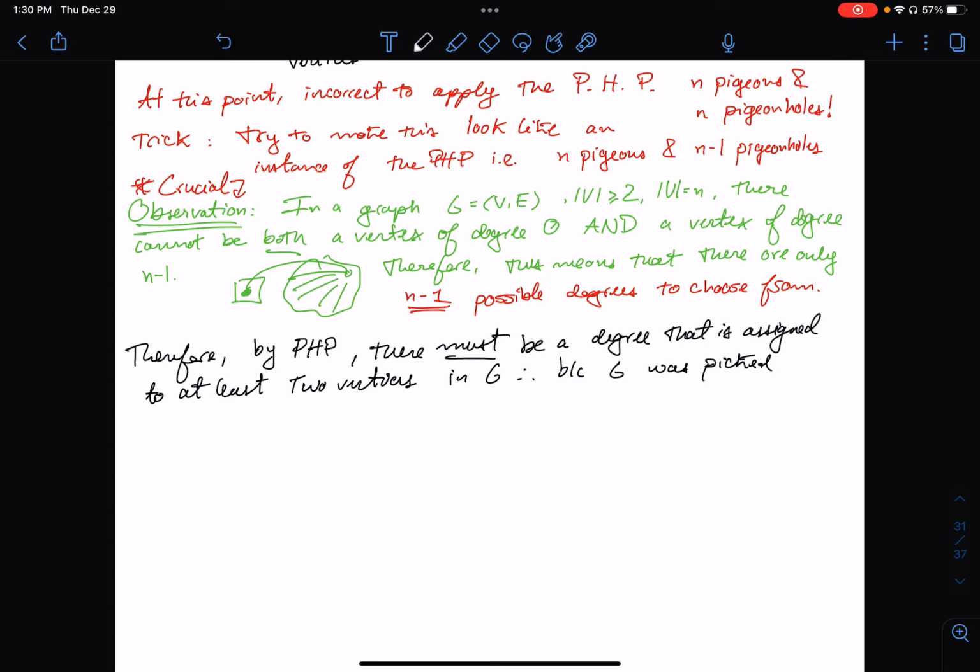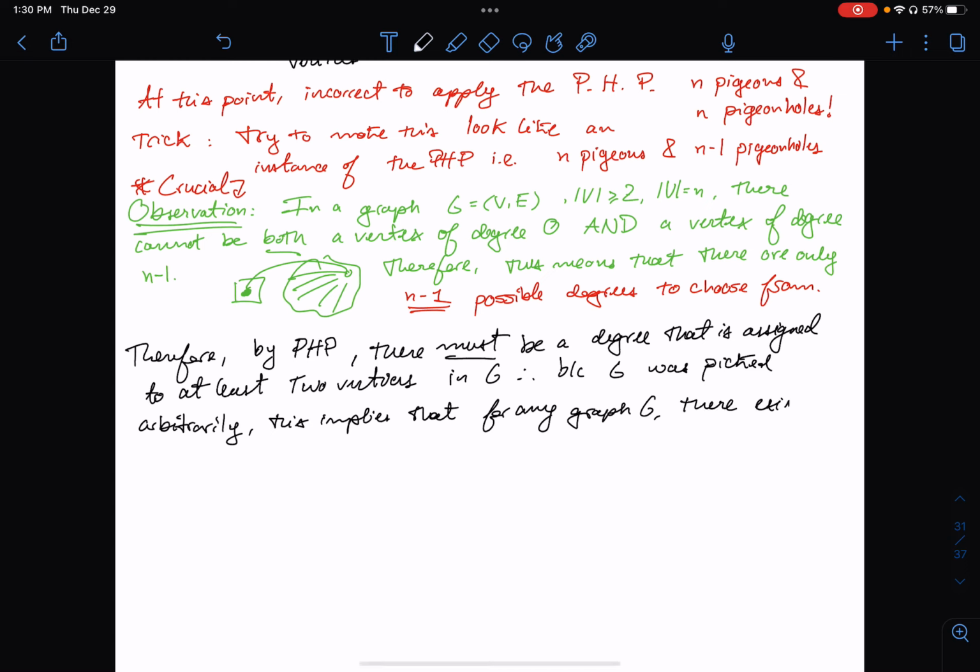And so because G was picked arbitrarily, this implies that for any graph G, right, there exist at least two vertices with the same degree, right? And that concludes our proof.